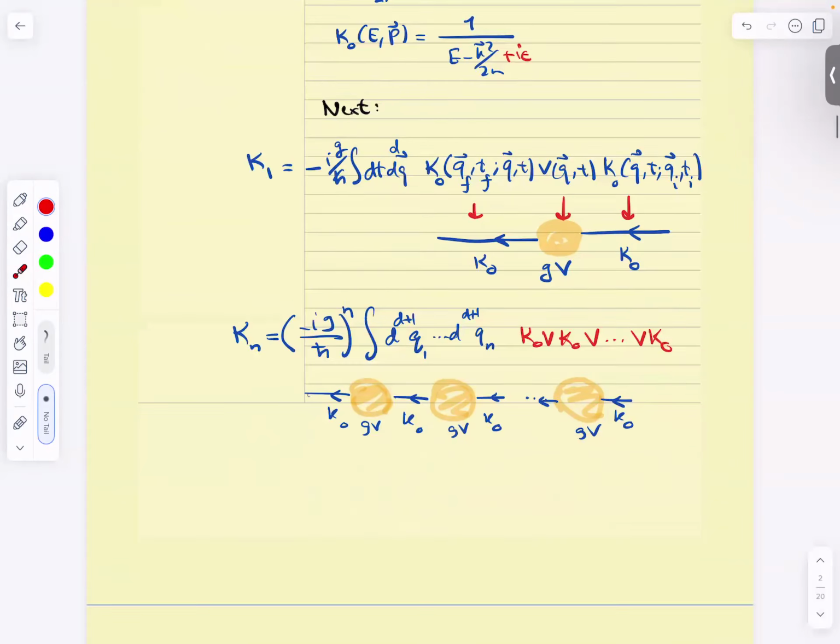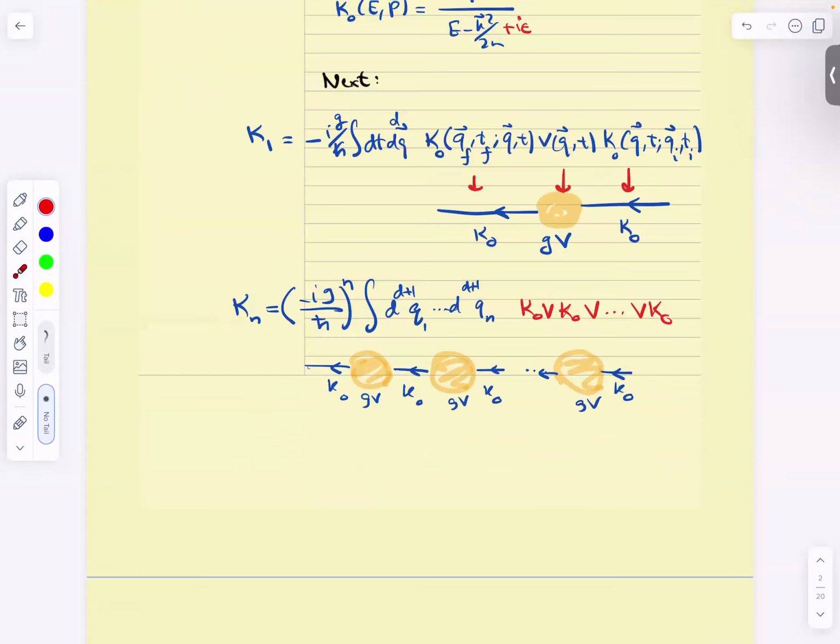All right. Next, we talked very briefly about the perturbation structure. So K1 looks like this. Basically the way to think about it in this picture is that, schematically, the interaction happens sometime between t_f and t_i, at some point. There's a V term, right?